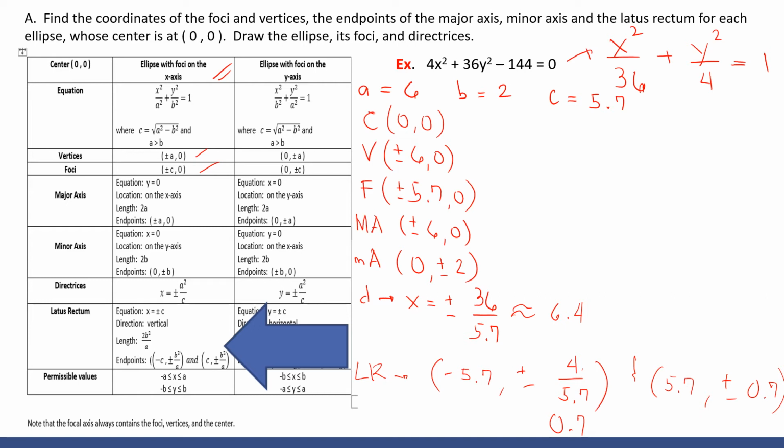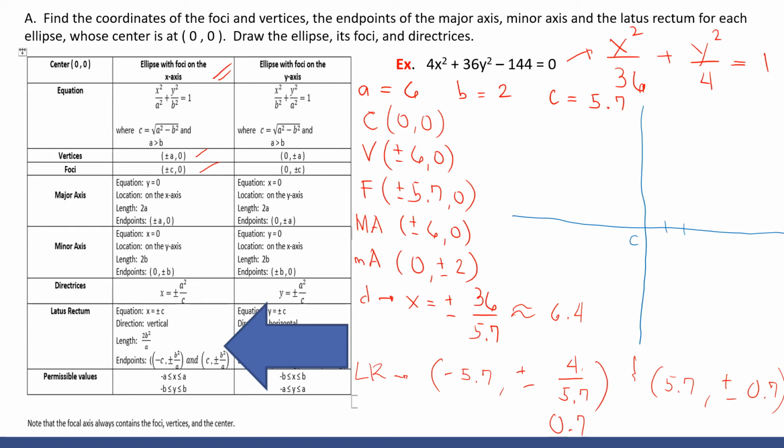With this, i-draw natin yung ating graph. Paano? Gawa ulit tayo ng Cartesian plane, x-axis, and then y-axis. Of course, our center is at the origin. Okay? The endpoints of our vertices, plus minus 6, and then 0. So, from the origin, kanan tayo ng isa, and then what?